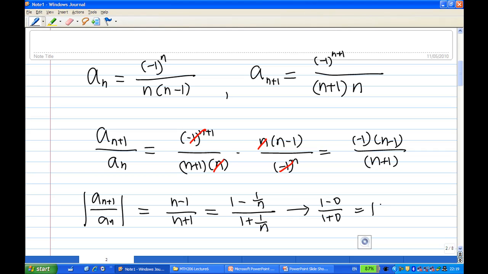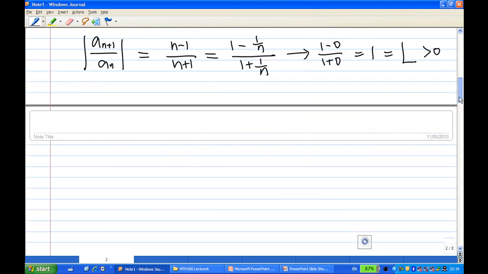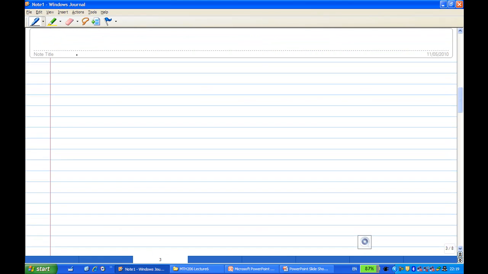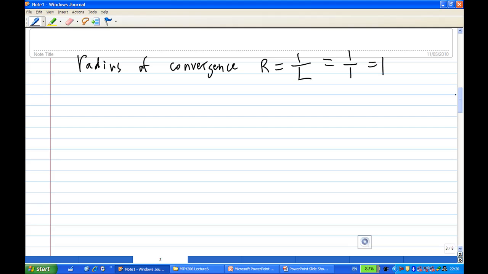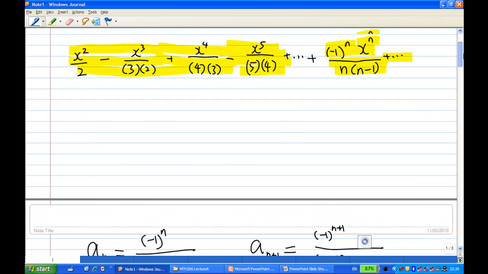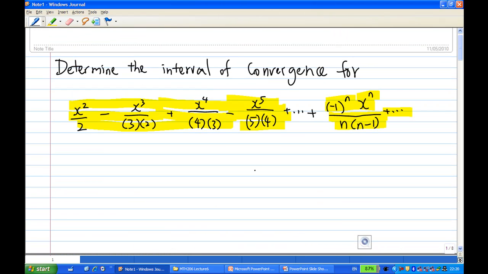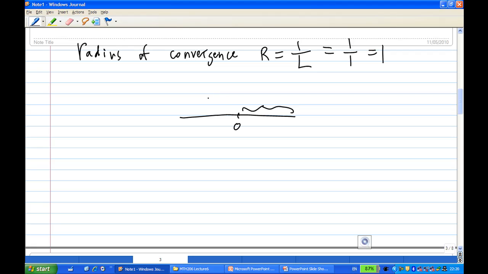Now this number, according to the PowerPoint slide, is called L. L is always a number greater than or equal to 0. In this case, L is a number greater than 0. So after we know this number L, we know the radius of convergence. For our power series, the center is 0, x equal to 0, and the radius of convergence is 1.